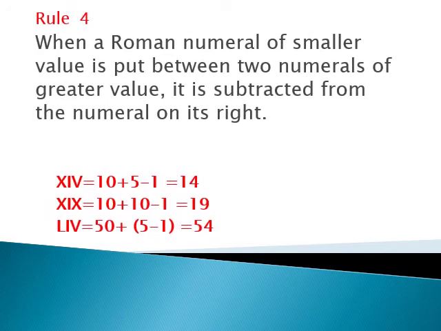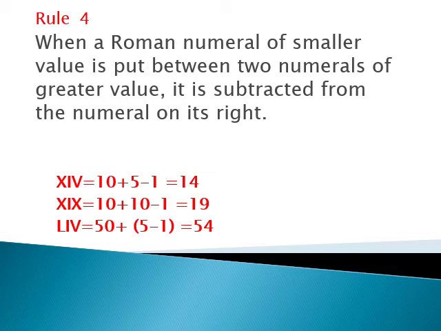Rule 4. When a Roman numeral of smaller value is put between two numerals of greater value, it is subtracted from the numeral on its right. If you look at the example XIV, in the Roman numeral XIV, you see that I is a Roman numeral of smaller value, which has been placed in between two Roman numerals of greater value.